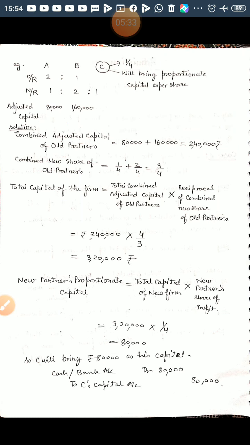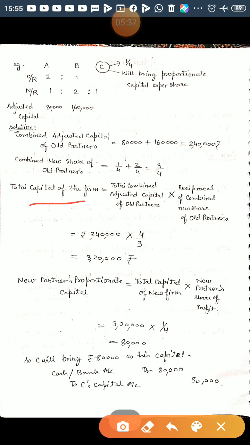Now calculate the total capital of the new firm on the basis of the combined capital of the old partners. Total combined adjusted capital of the old partners multiplied by the reciprocal of the combined new share of the old partners. So rupees 2,40,000 multiplied by the reciprocal of 3 by 4, which is 4 by 3.